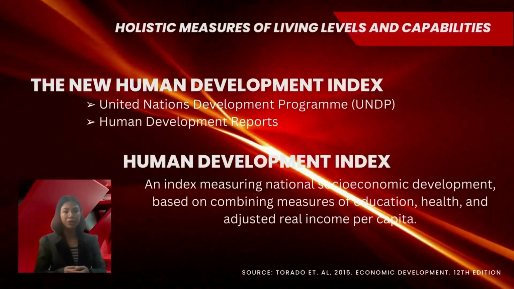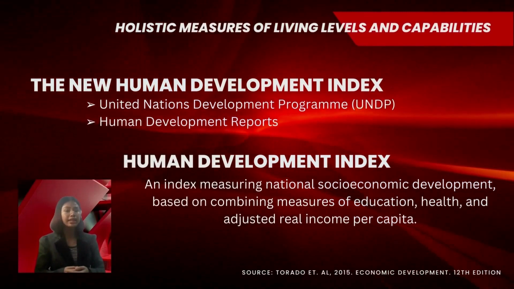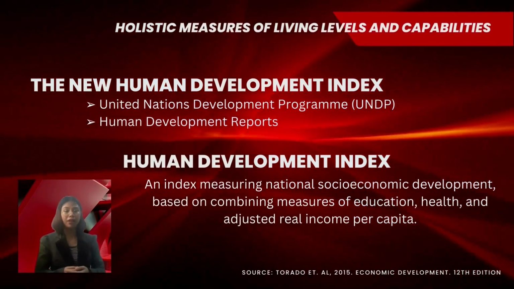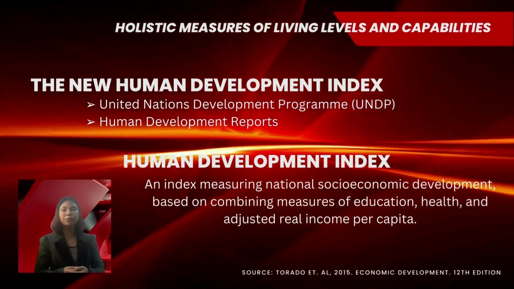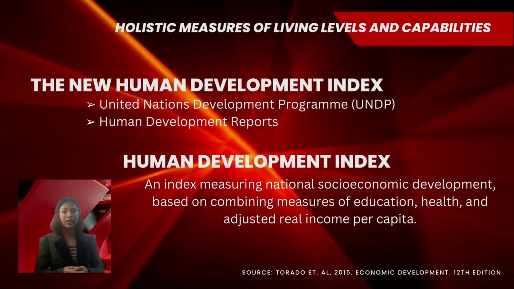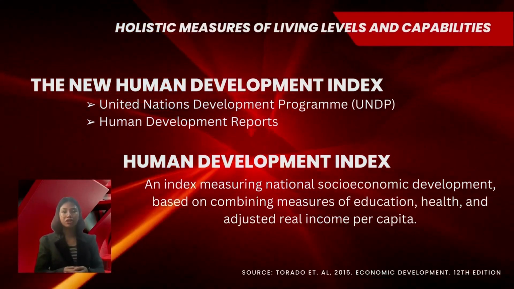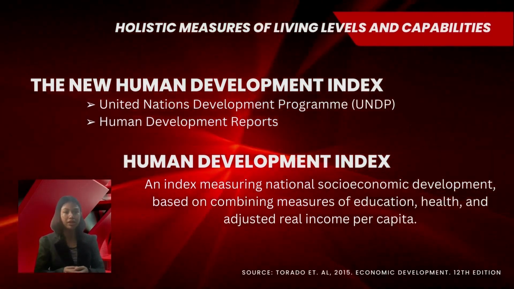The most widely used measure of the comparative status of socioeconomic development is presented by the United Nations Development Programme, or UNDP, in its annual series of Human Development Reports. The centerpiece of these reports, which were initiated in 1990, is the construction and refinement of its Human Development Index, or HDI.